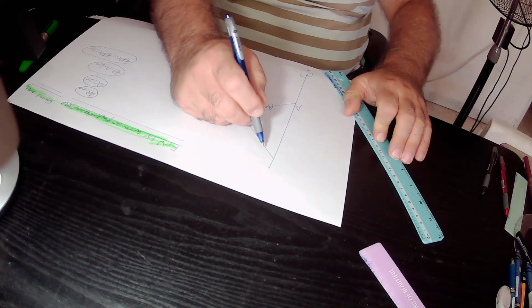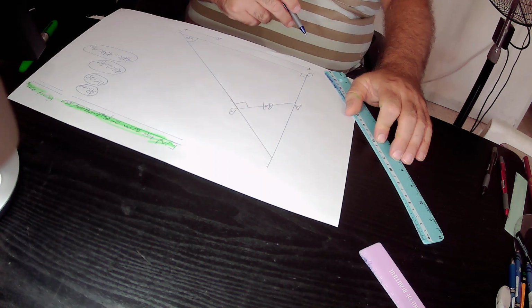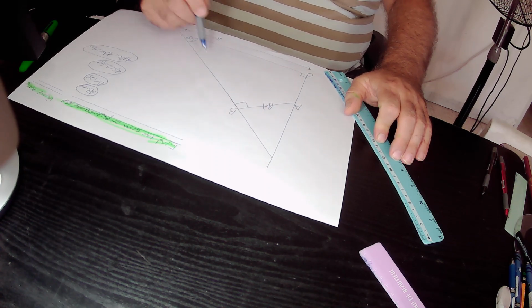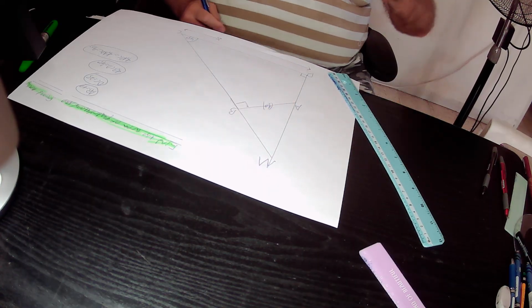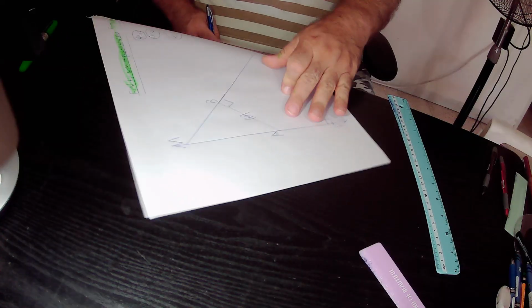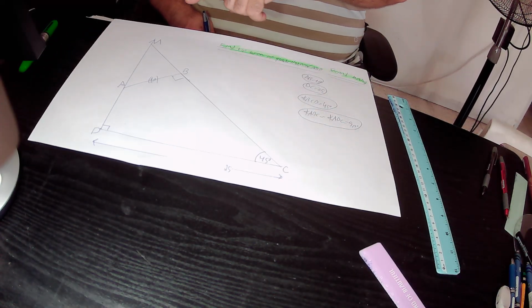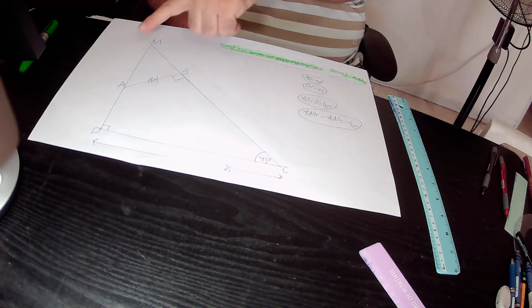And we will define the touching point of the extended side DA with the extended side CB. This point is point M. By doing this construction, we created the big right triangle MDC.